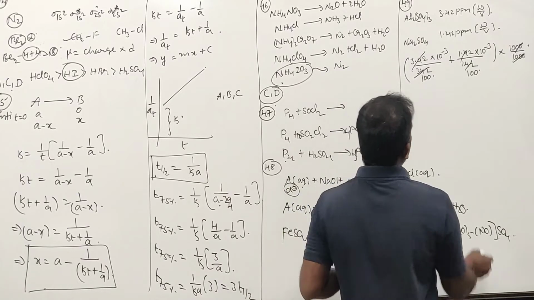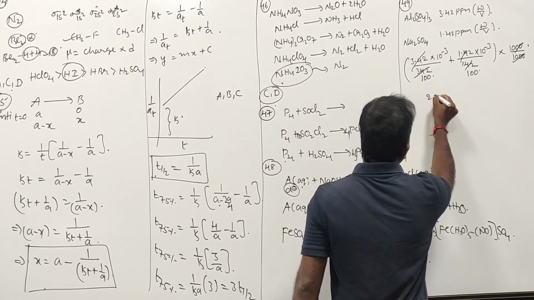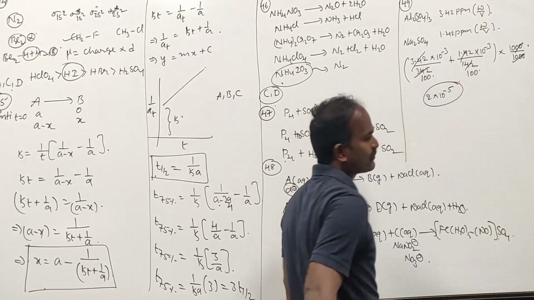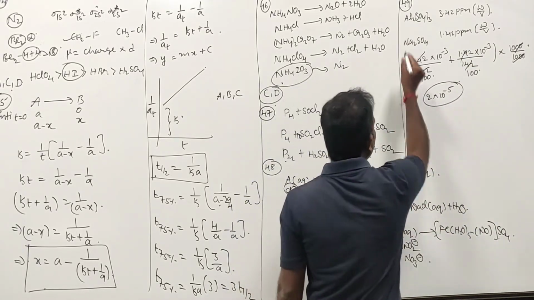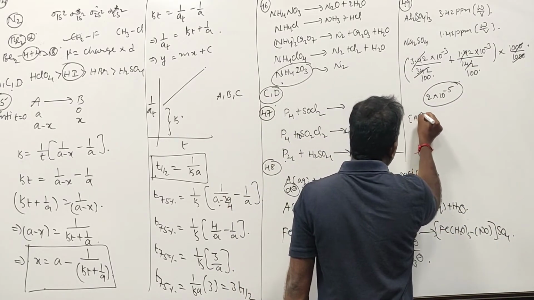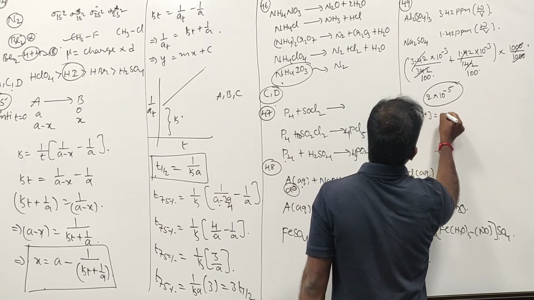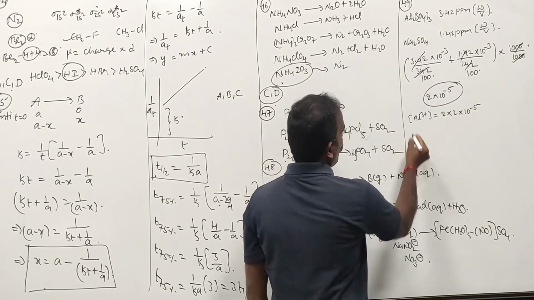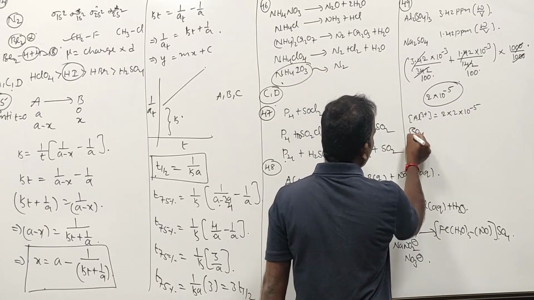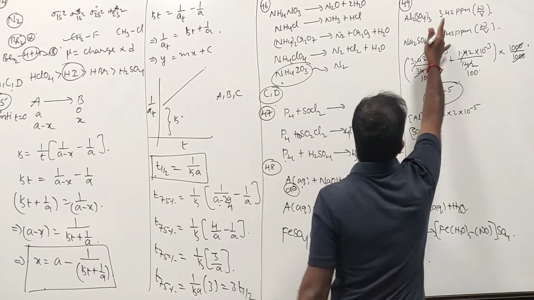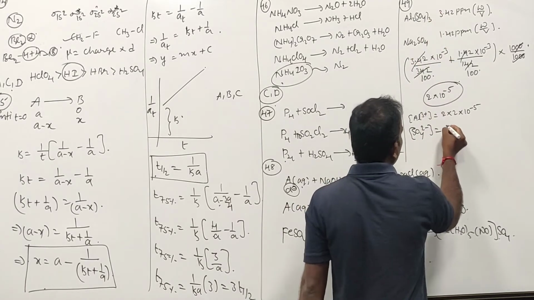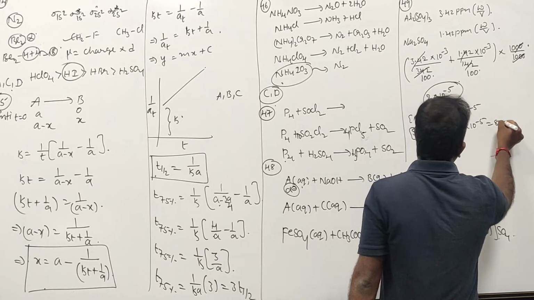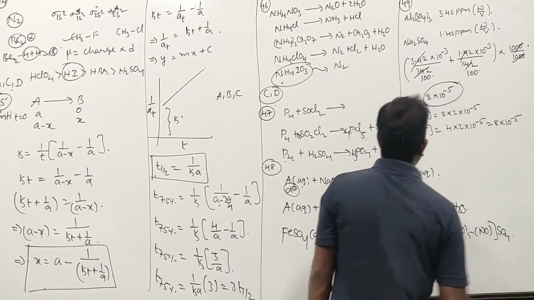Therefore 10 power minus 5 each, so 2 into 10 power minus 5 molar. Now here the concentration of Al3+ is equal to 2 into 10 power minus 5. The concentration of SO4 2-: here 3 SO4 2- and here 1 SO4 2-, therefore 4 into 2 into 10 power minus 5, that equals 8 into 10 power minus 5.